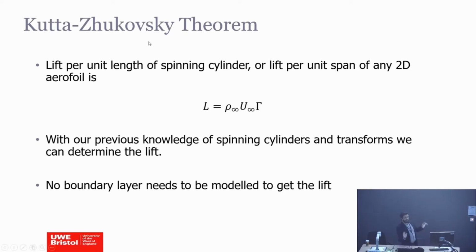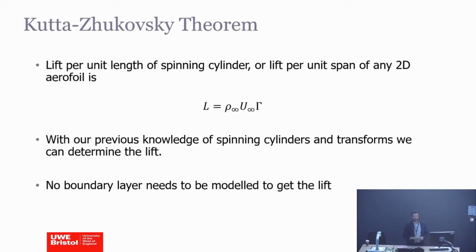There is no boundary layer, but at the same time we can actually calculate the lift, which is actually great, isn't it? So I'm getting the lift, I'm not modeling the boundary layer, which is great. Do you guys think this is a good thing? You can actually get a lift value without worrying at all about the boundary layer. And that's through that theorem, okay?